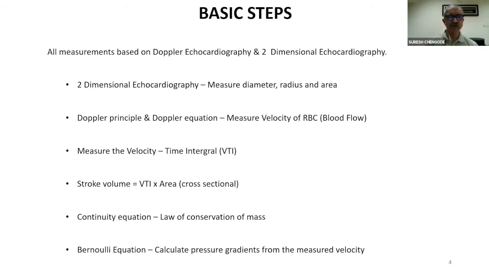The stroke volume is put into the continuity equation, which follows the law of conservation of mass, and then we'll be able to calculate an unknown orifice area. The last one is the Bernoulli equation, where the velocity can be used for calculating the pressure gradient across stenotic valves or orifices.